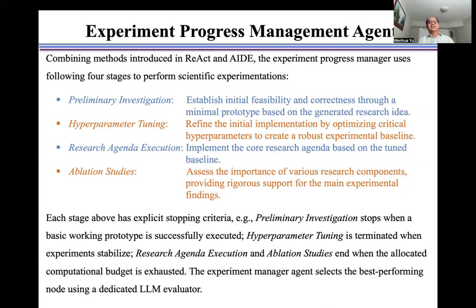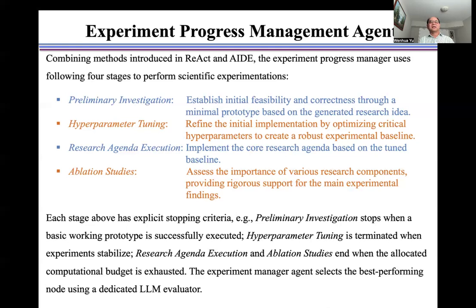Preliminary investigation establishes initial feasibility and practice through a minimal prototype based on the generated research idea. Hyperparameter tuning refines the initial implementation by optimizing critical hyperparameters to create a robust experimental baseline.